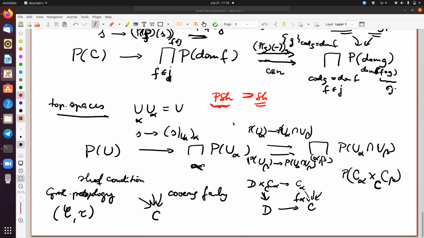And there is a viewpoint on sheaves that, for any category C, you can embed it into the category of pre-sheaves on C. This is just C to sets category from C opposite, by the Yoneda embedding. And this category is much better behaved than the usual category C.